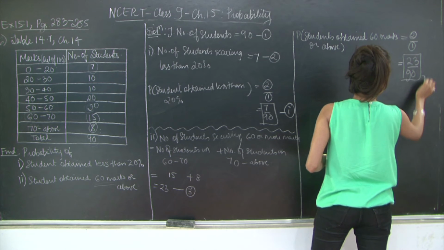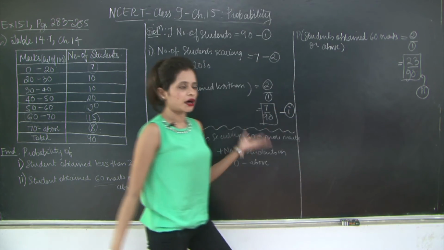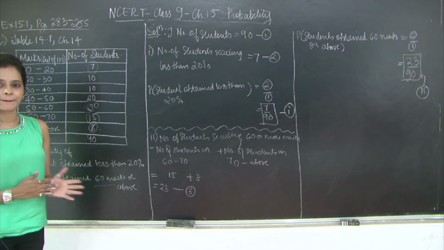So this is your solution to the second sub question. I put it in a box and marked it as small Roman number 2. So please take a look.